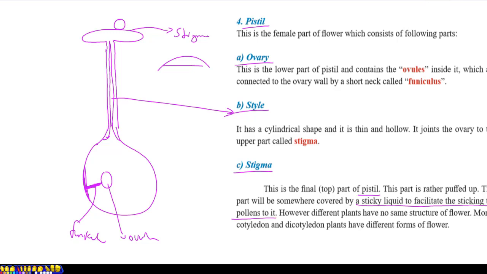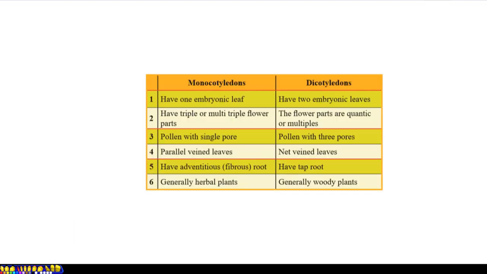However, different plants have the same structure of flower. Monocotyledon and dicotyledon are the two main groups of flowering plants. The differences between monocotyledons and dicotyledons are summarized in this table. Monocotyledons have one embryonic leaf; the embryo, which is a miniature organism, has one leaf in monocotyledons.